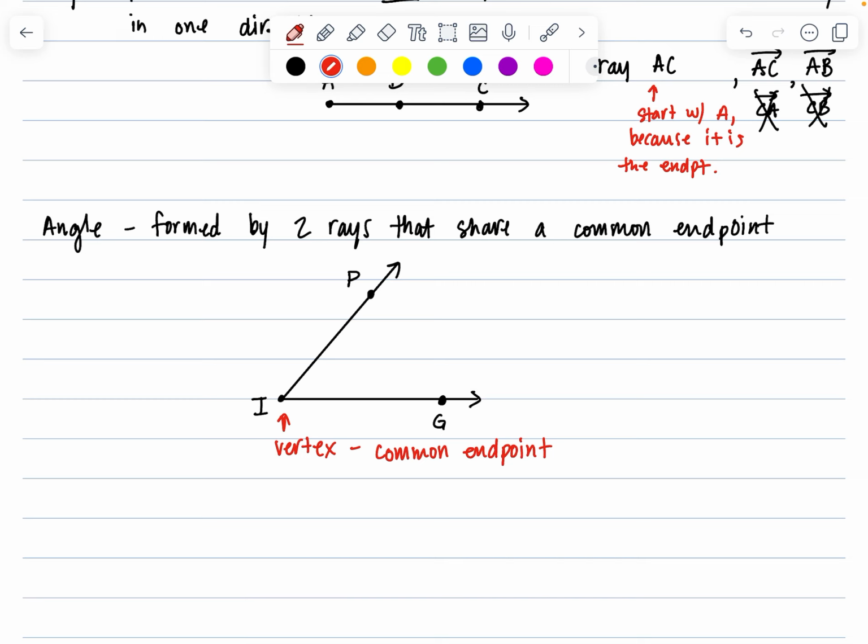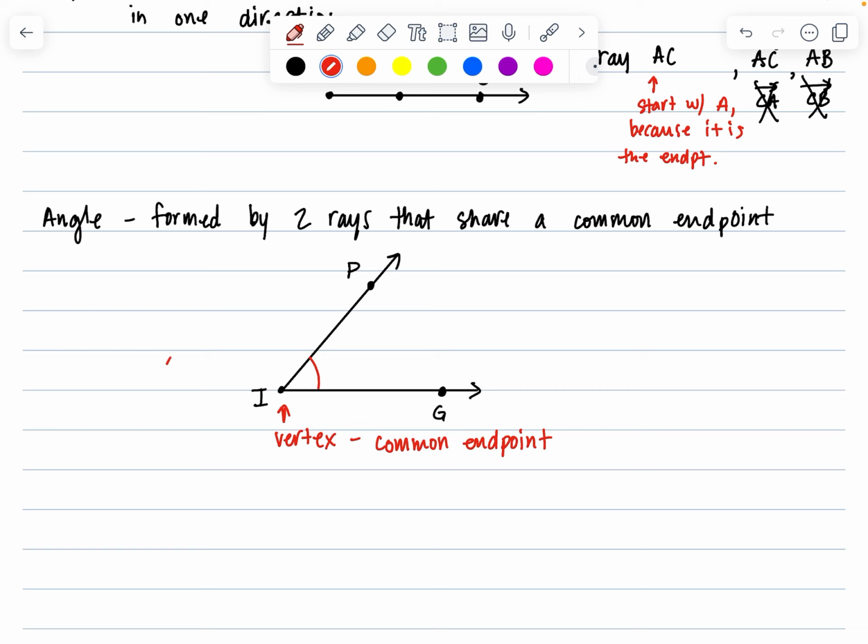These two rays share that endpoint and they form an angle. This angle here can be named a bunch of things, okay? So we have sides to them. So I'm going to label this here. Let's actually use blue, just so we can organize this a little bit. We have sides of the angle.